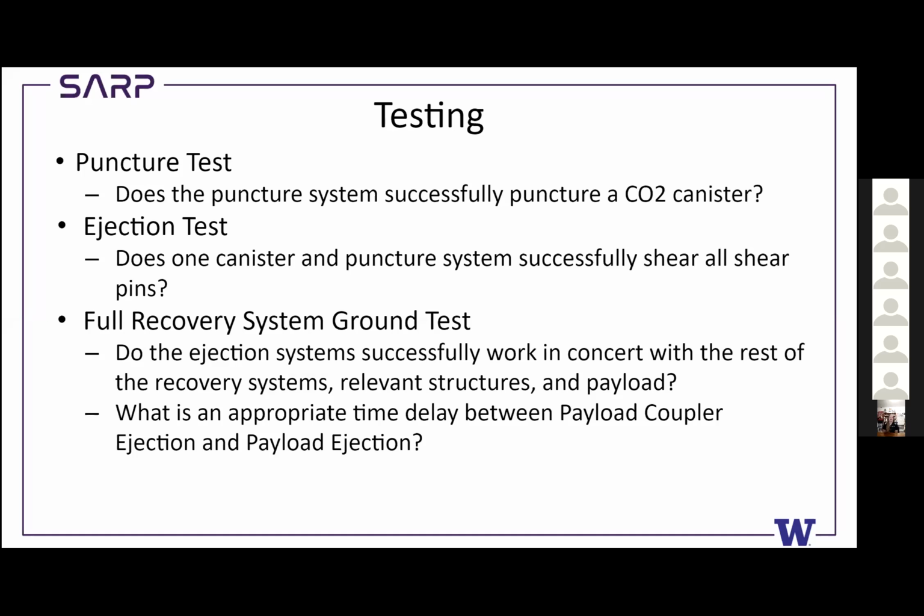That will also test whether that space is a pressure vessel or enough of a pressure vessel. And then in full recovery system ground testing, we will make sure that all of the recovery systems work together in concert, and we'll determine an appropriate time delay between the 2 different ejections.